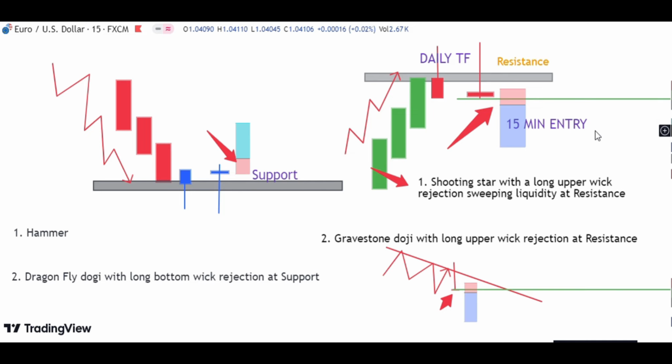Do not place your trades until you see confirmations in the 15 minutes time frame the next day above the hammer and above the Dragonfly doji highest prices.